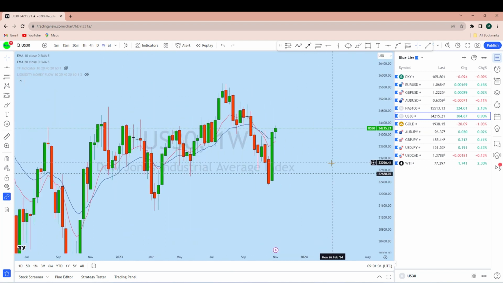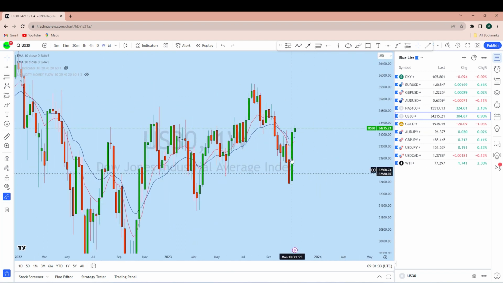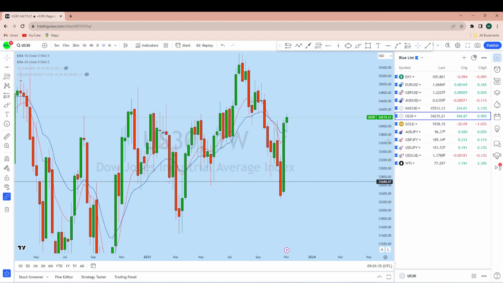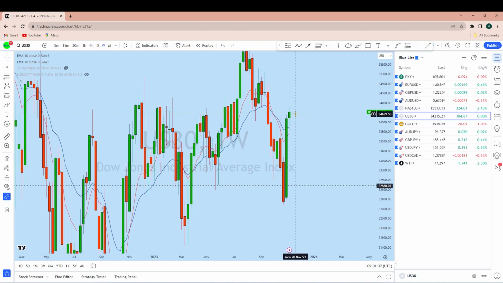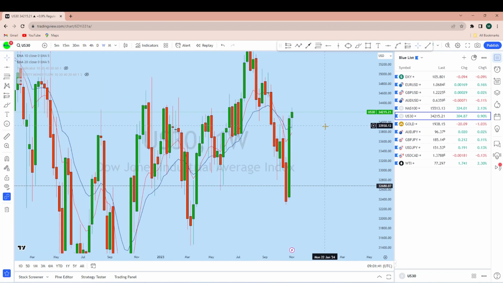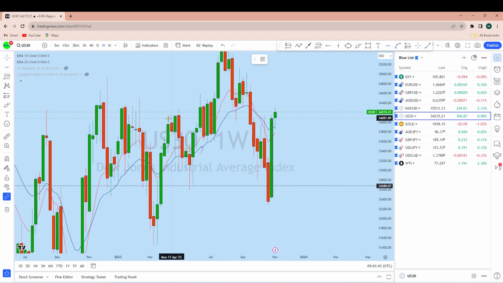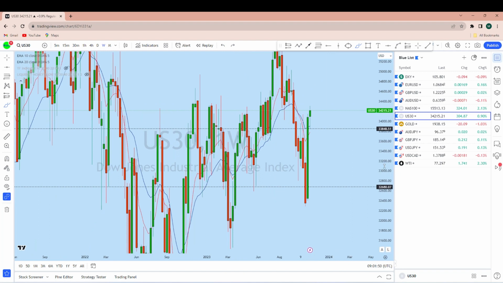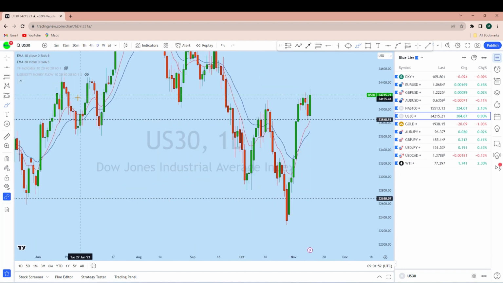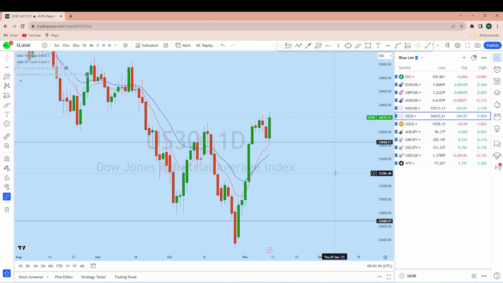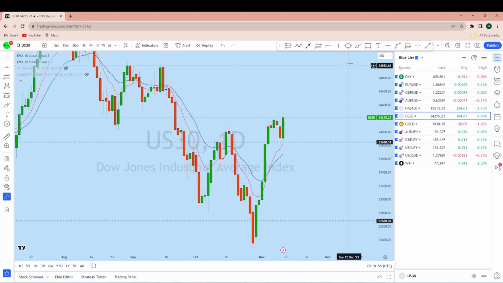Now looking at the weekly, previous week a bullish engulfer, followed by this week we have seen that US30 was in a narrow range, has formed a very narrow candle, and I think that this week we might see that US30 tests this support, and then we can expect for the price to remain bullish. Now looking at the daily time frame on US30, we can see that like Nasdaq, it is also in a very strong bullish market momentum.